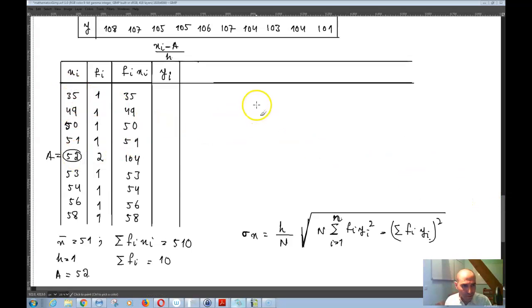So 35 minus 52 is equal to negative 17, for example. 49 minus 52 is equal to negative 3. 50 minus 52 is negative 2, negative 1, 0, 1, 2, and 4, and 6.